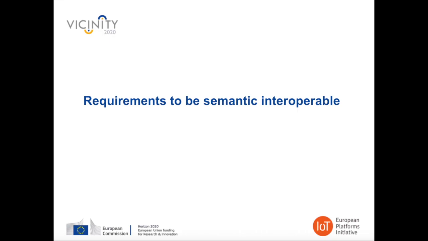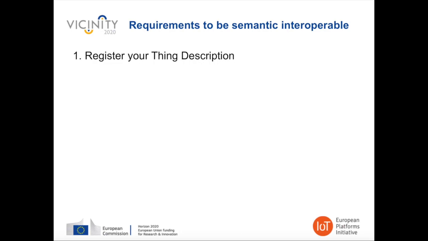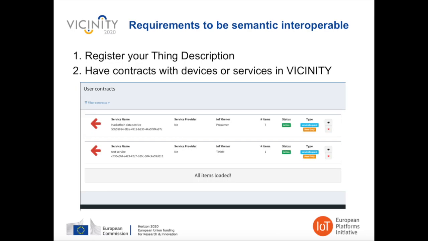Let's see now the requirements to be semantic interoperable. First, we need to register a thing description with a service or a device. Then, what we need to do is to have some contracts. In this case, the most useful thing is to have a service and contracts with devices or other services, even though you can use the semantic interoperability services in a gateway that is related to a device.